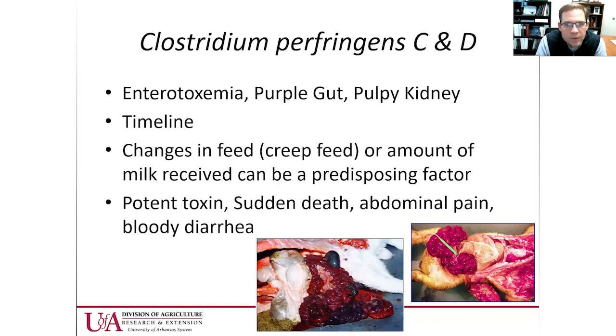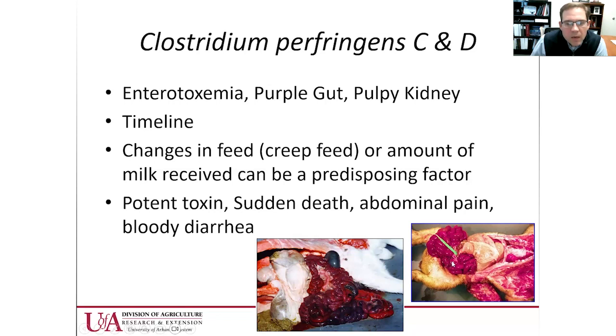But with perfringens, you may be familiar with type C, which usually causes problems in younger animals, and then type D, causing problems in a little bit older animals, usually post-weaning with type D and pre-weaning with type C. We call type C sometimes enterotoxemia or purple gut, and we can take a look at the pictures below to see why that is.